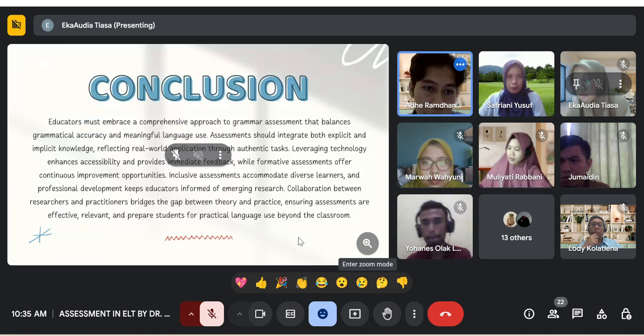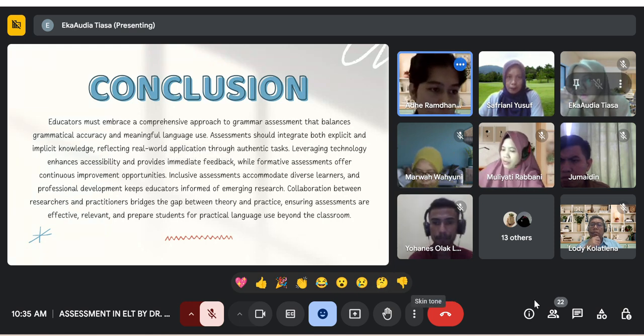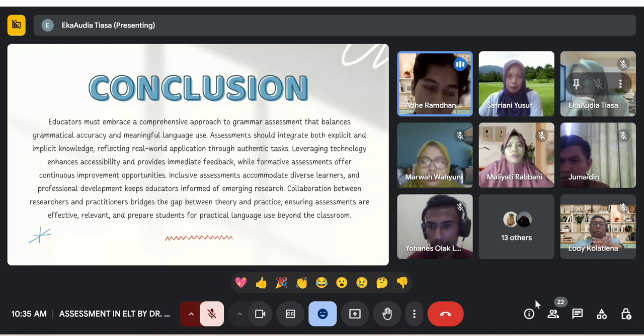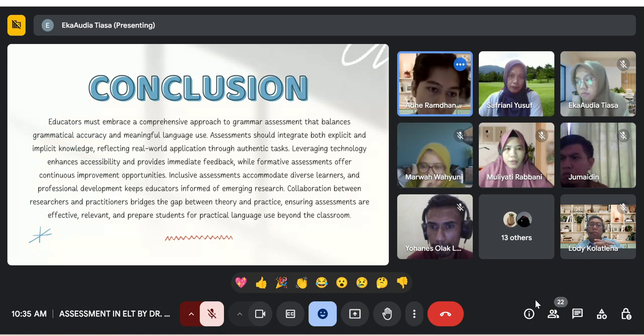Assessments should integrate both explicit and implicit knowledge, reflecting real-world application through authentic tasks. Leveraging technology enhances accessibility and provides immediate feedback, while formative assessment offers continuous improvement and opportunities.